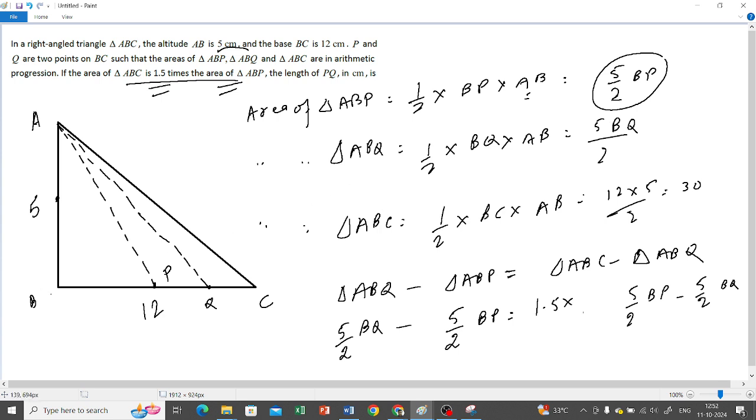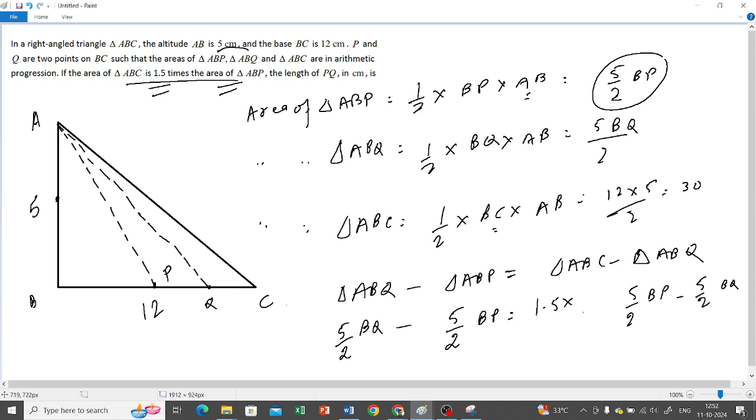Area of ABQ is 5 by 2 into BQ. Area of ABC is half into 12 into 5, that is 30 centimeter squared. Since the areas of ABP, ABQ and ABC are in AP, triangle ABQ minus ABP equals triangle ABC minus ABQ, normal AP form.